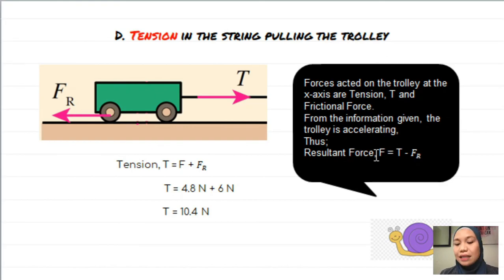Thus, resultant force F equals T, because T is higher, minus frictional force. Thus, to find the tension, T equals F, which is ma, plus frictional force, which is 6 Newton. So the answer will be 10.4 Newton.